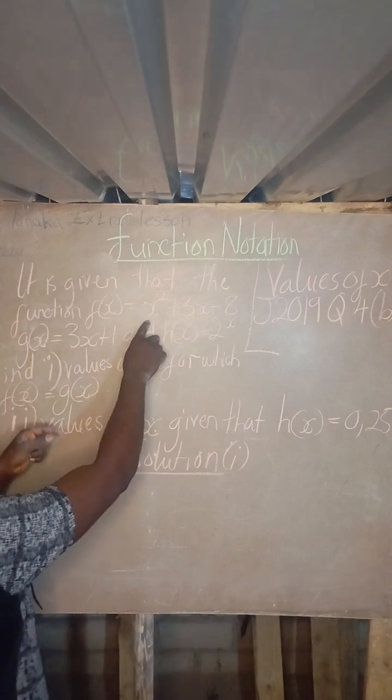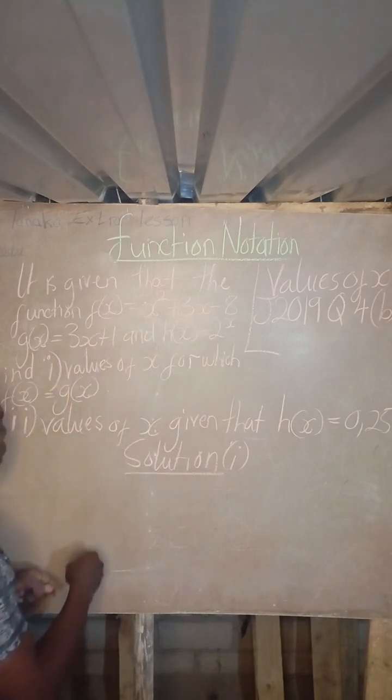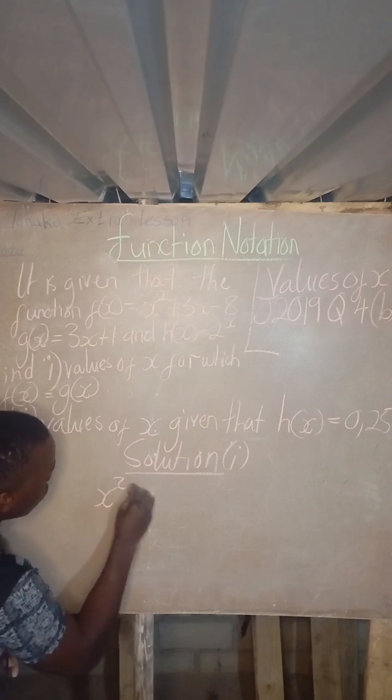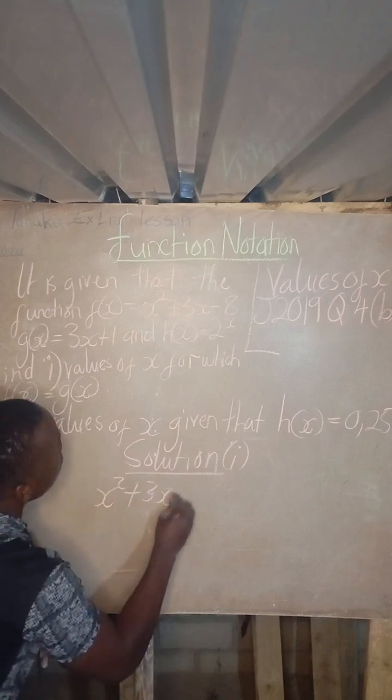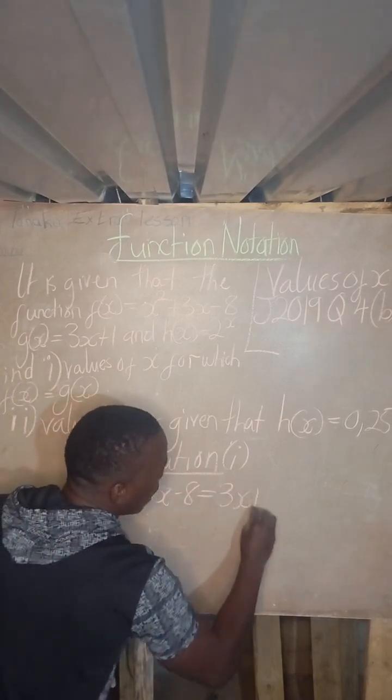So we say f of x, which is x squared plus 3x minus 8, is equal to 3x plus 1.